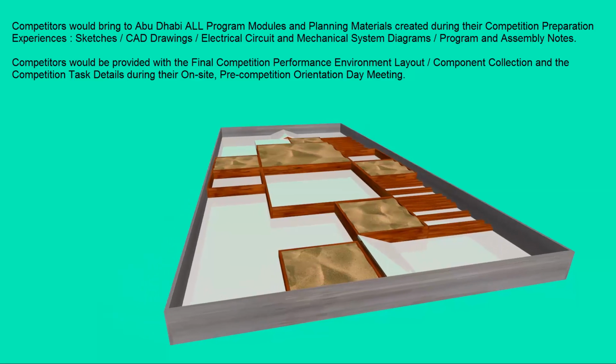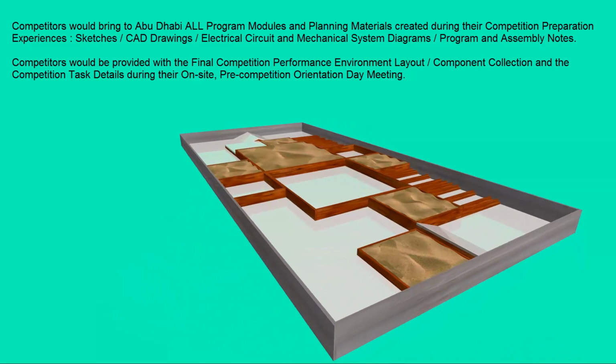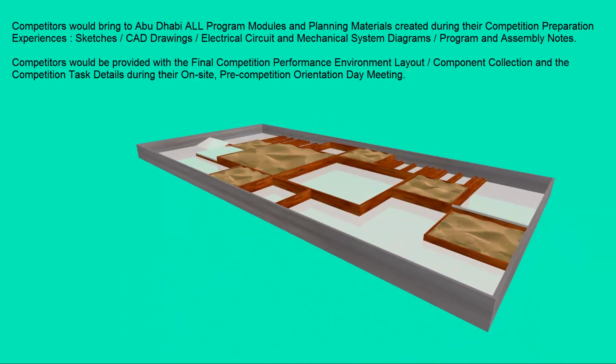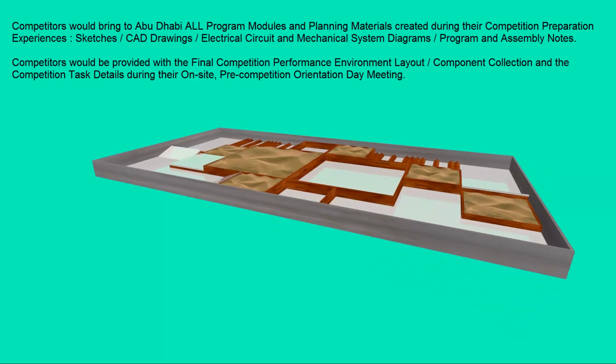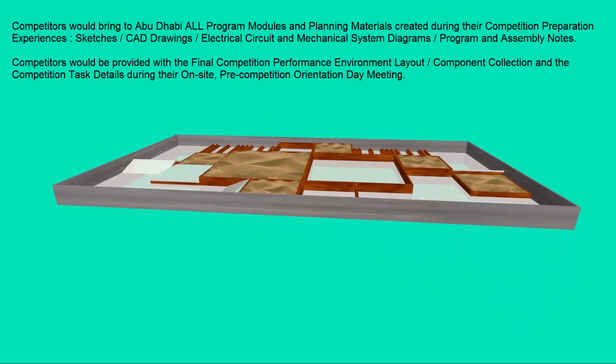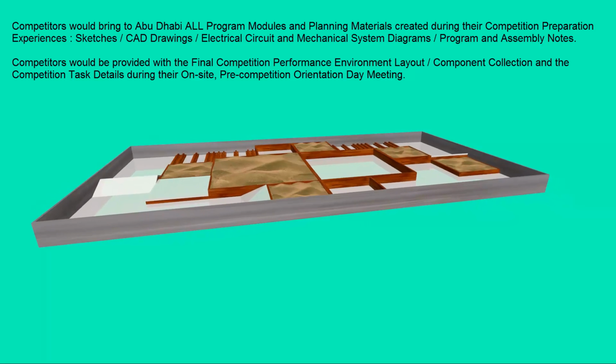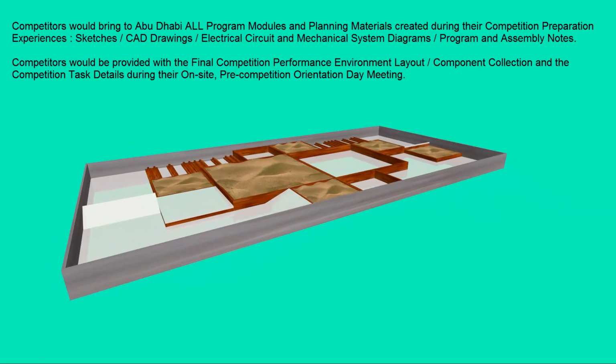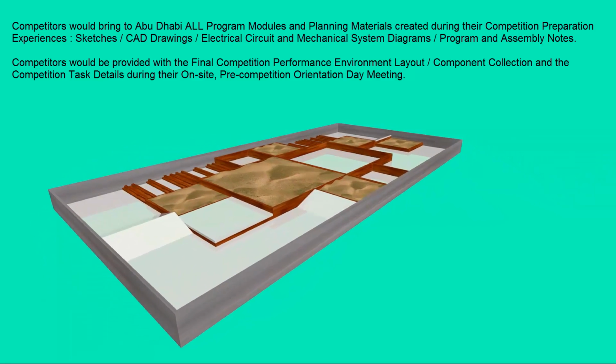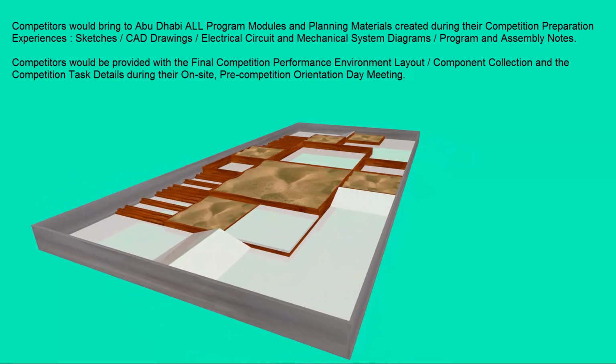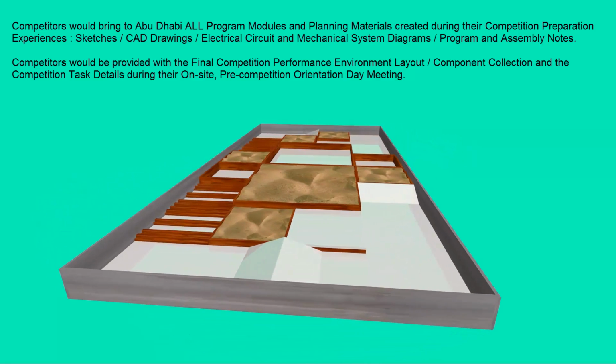Competitors would bring to Abu Dhabi all program modules and planning materials created during their competition preparation experiences, sketches, CAD drawings, electrical circuit and mechanical system diagrams, program and assembly notes.